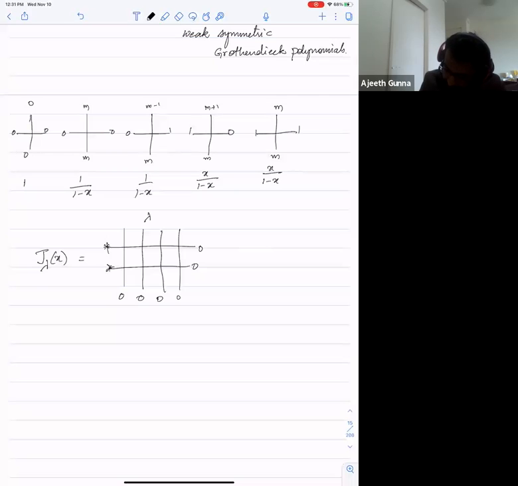Now let me denote this transfer matrix, built from these vertices, as just T of x, and this will be the free boundary.